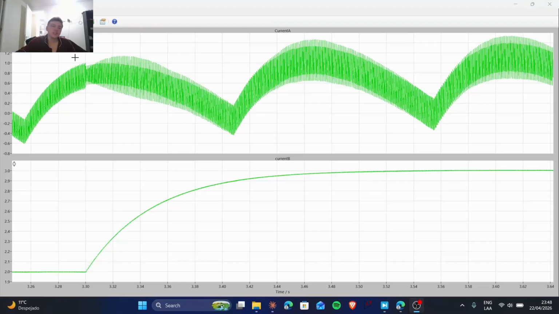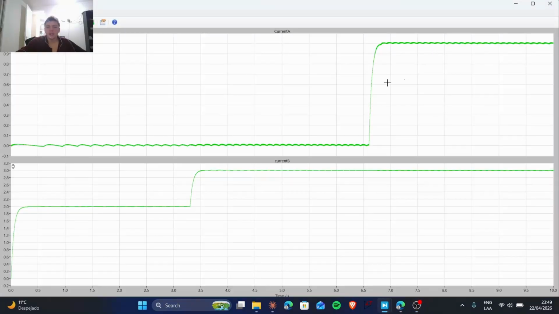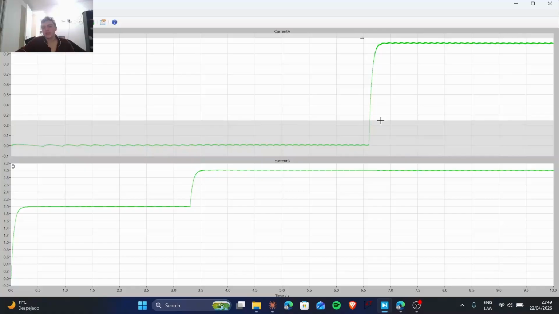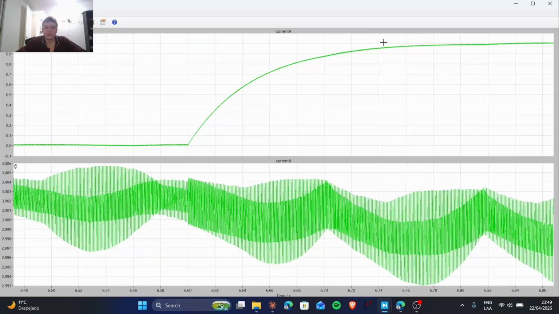We can see here that the interference between the two axes is just like 0.0006 amps. It's just too low, and in this section we can see that the coupling is too low.